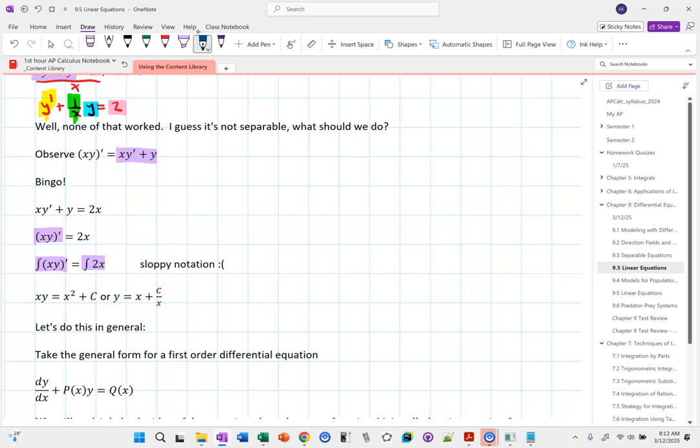Now, the trick is going to be getting that piece, right? So let's do this in general so we can set up a form, because if it doesn't look like this, where it looks like the result of a product rule, we might have to multiply both sides of the equation by something to make it the result of a product rule.